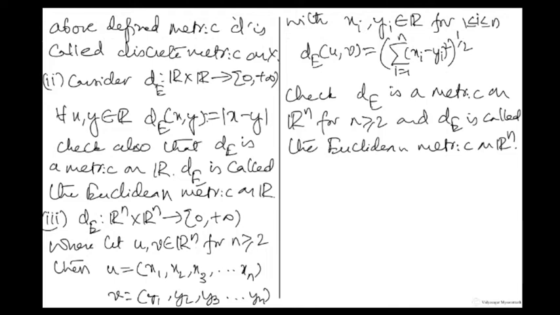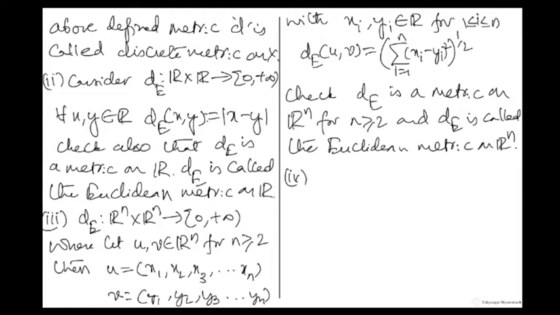So these are some very standard examples of metrics. Let me also give you two more examples of metrics on R^2. Of course, you have the Euclidean metric on R^2. Apart from this, there are several more.